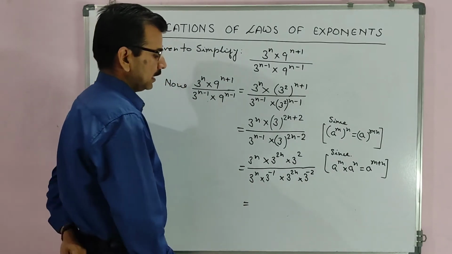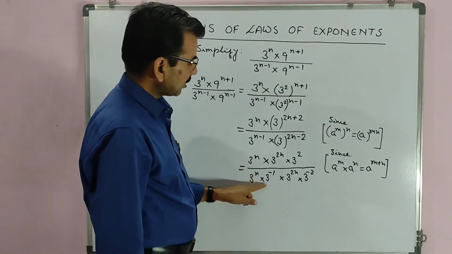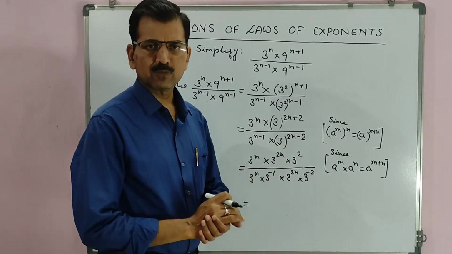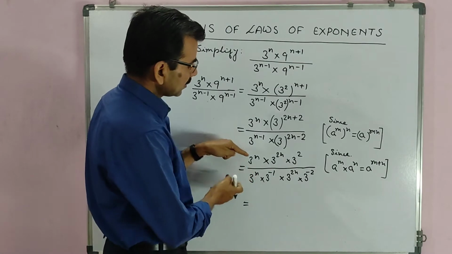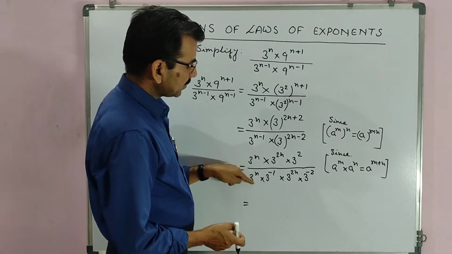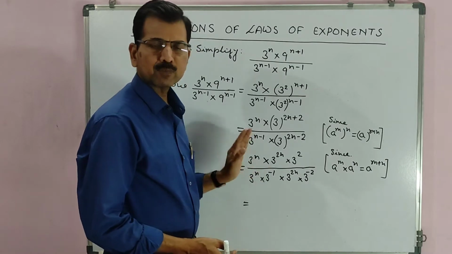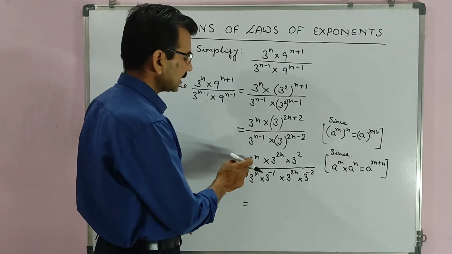Here, since there is a multiplication sign, it is easier to simplify. We can check the numerator and denominator. If a common term is there, we can cancel it from both numerator and denominator.